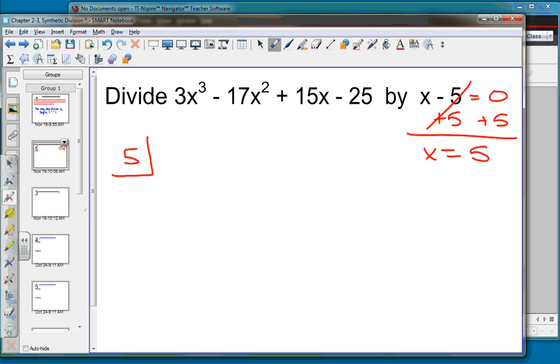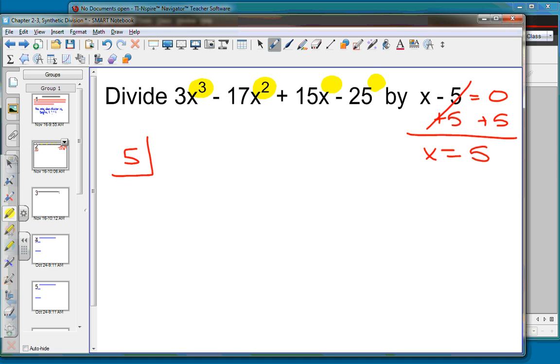Then what you're going to do is take the coefficients. What's a coefficient? The number in front of a variable, correct? You have to make sure that you are not missing any variables, any degrees. So my highest degree here is going to be a 3. So the next one should be 2, the next one should be 1, and the next one should be 0.